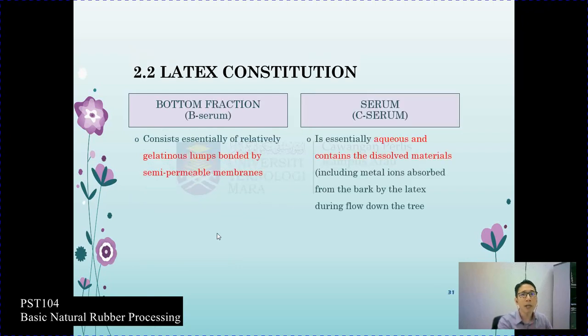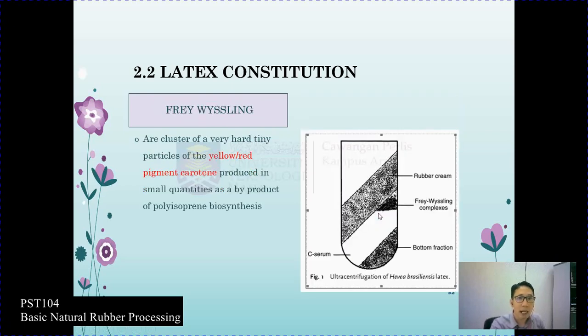Okay, and then we have serum, B serum and C serum. B serum consists essentially of relatively gelatinous lumps bounded by semi-permeable membranes. C serum is essentially aqueous and contains dissolved material, including metal ion absorbed from the bark of the tree during the flow down the tree. And then the last constitution is free Wesleyan.